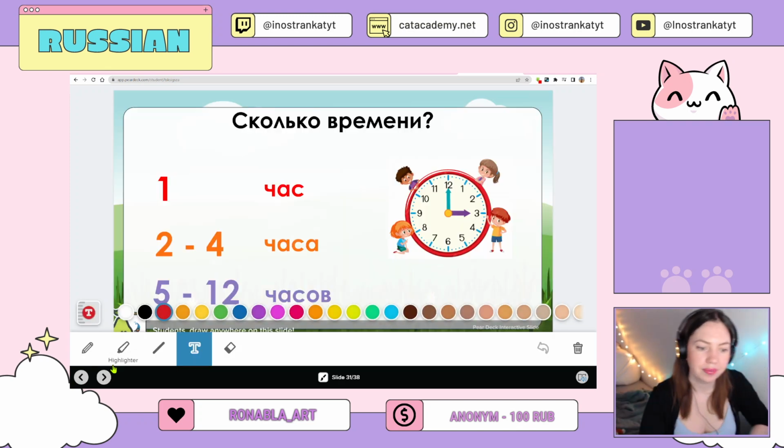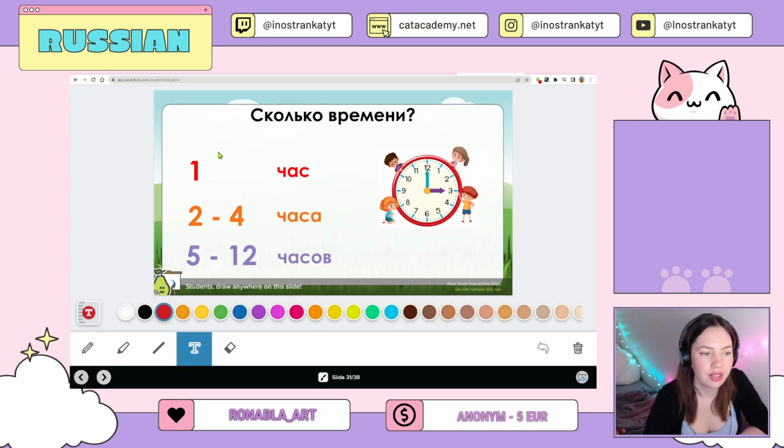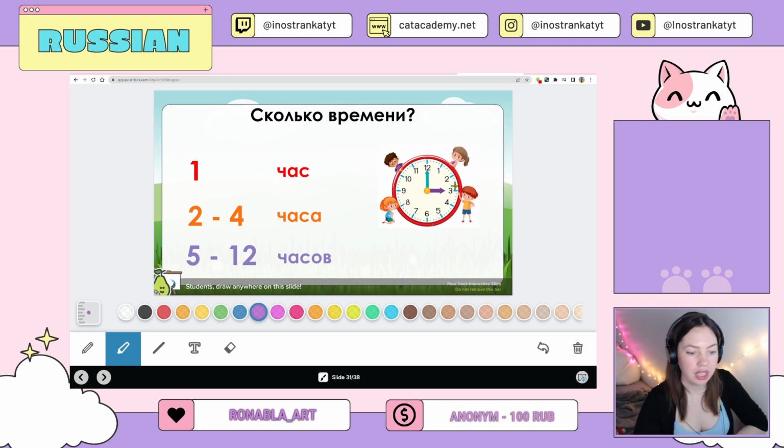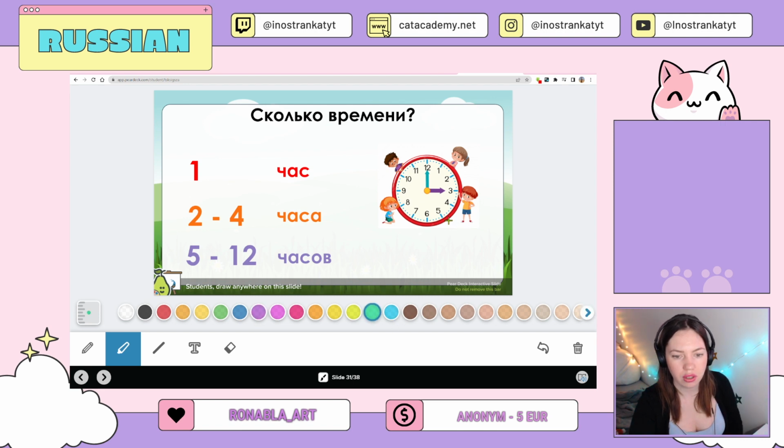Сколько времени? Let's practice. So here I have a little pattern for you that will help you. If it's only one, we say час. If it's 2, 3, or 4, we say часа. But if it's anything from 5 to 12, we say часов. Сколько времени? So let's look at the clock.